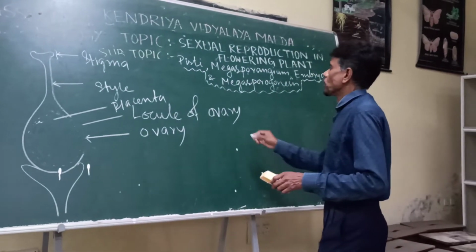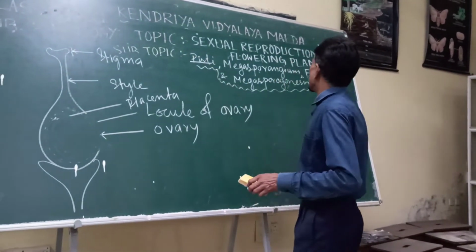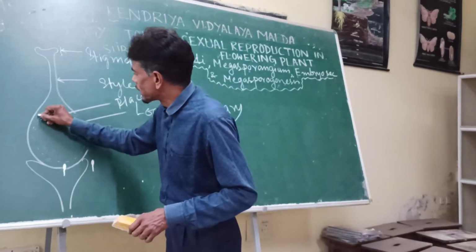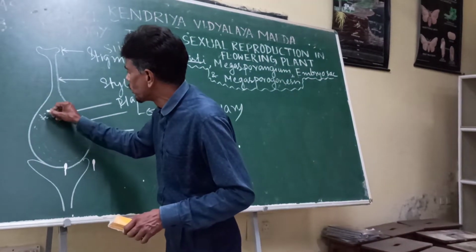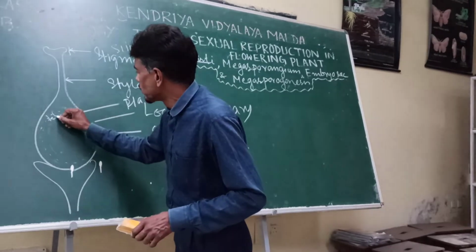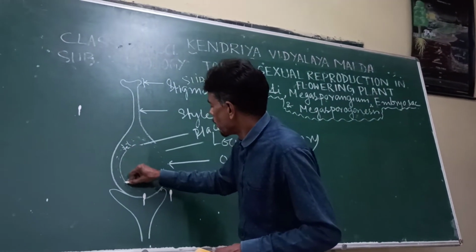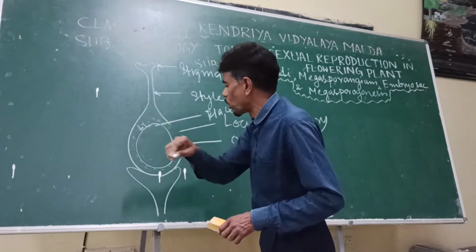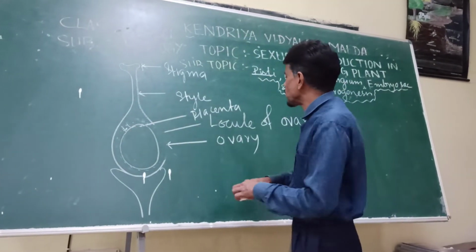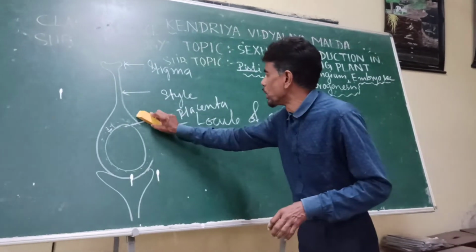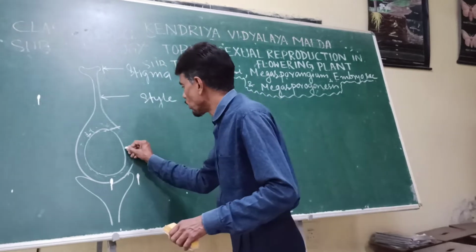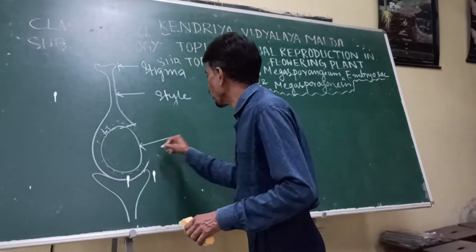Now, coming to the pistil, I have discussed the megasporangia. Within the ovary, connected with the placenta, is the megasporangia. This megasporangia is otherwise commonly called ovule.